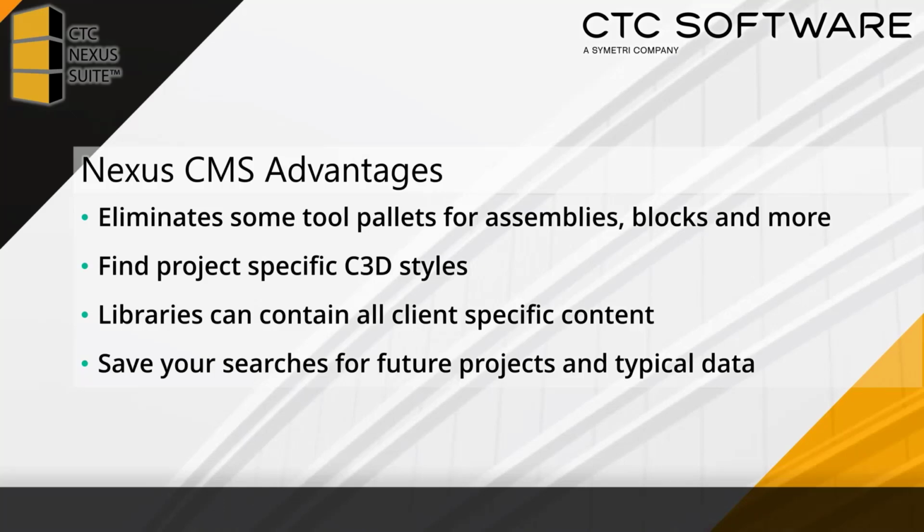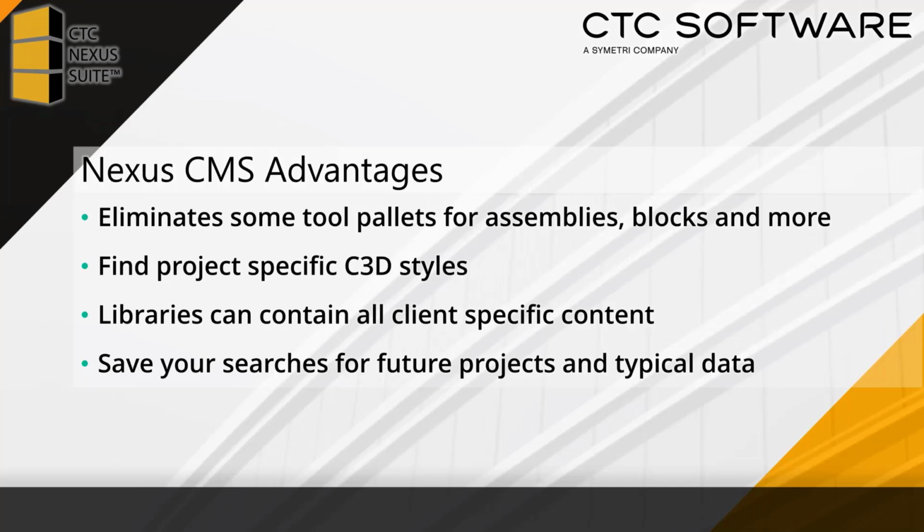And that's what CMS really does. The advantage of it is it can eliminate some of the tool palettes. For instance, we can work with assemblies, sub-assemblies, blocks, and more. We can find project-specific Civil 3D styles with a simple search. We can save those searches.